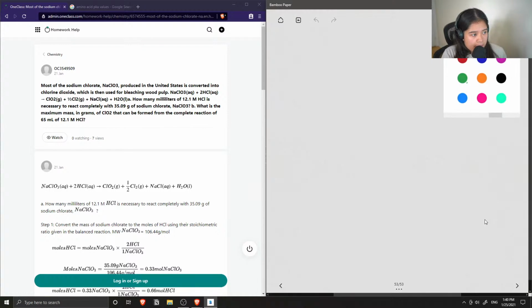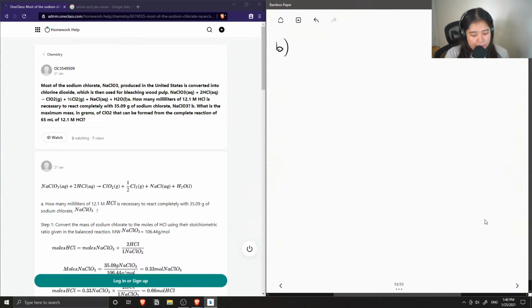What is the maximum mass in grams of the chlorine dioxide that can be formed from the complete reaction of 65 milliliters of 12.1 moles per liter HCl? Okay, so this is a similar question as our previous one.